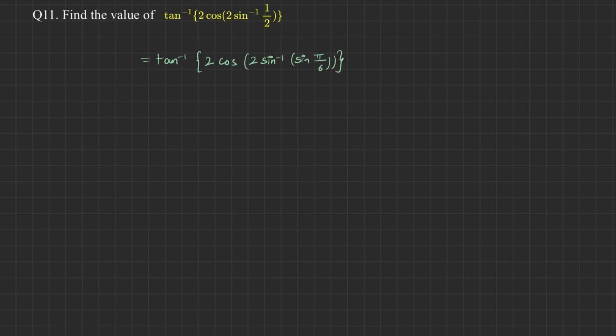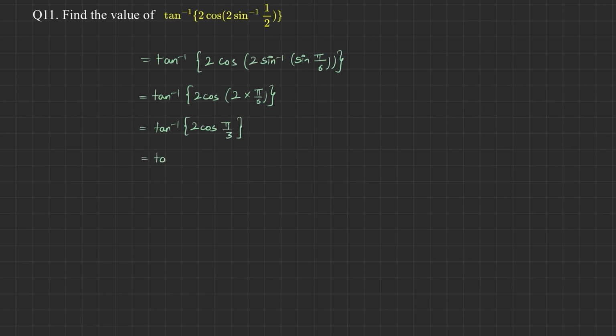Since pi by 6 is in the principal value range, sine inverse of sine pi by 6 is simply pi by 6. So it will be equal to tan inverse of 2 cos of pi by 3.